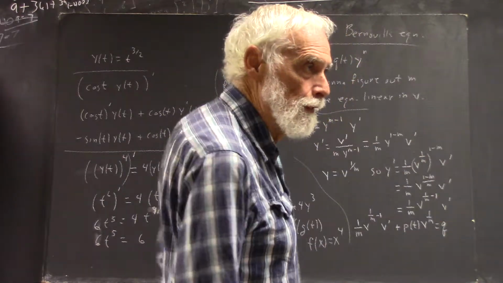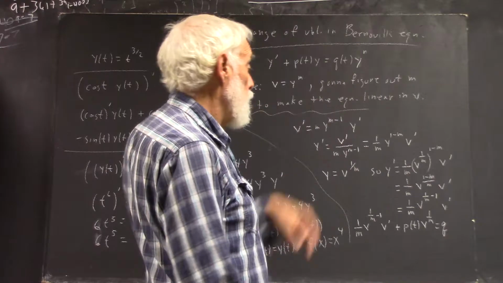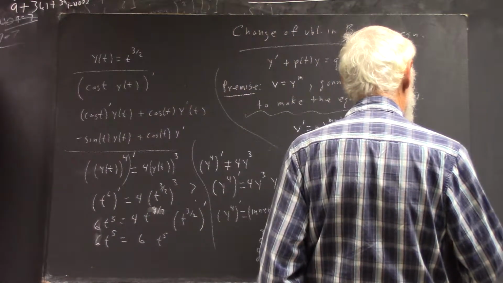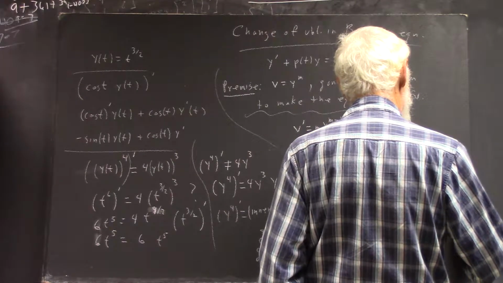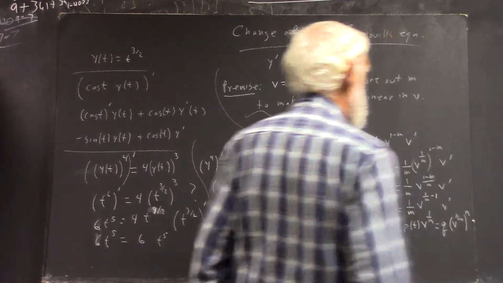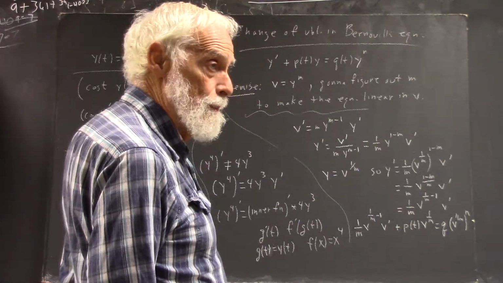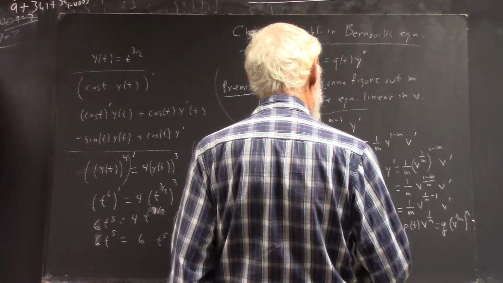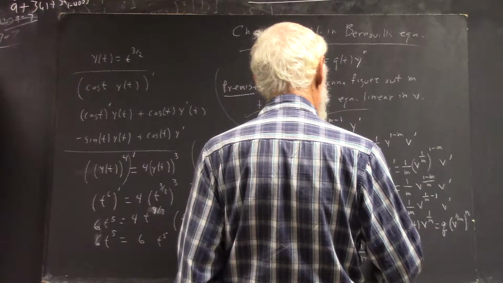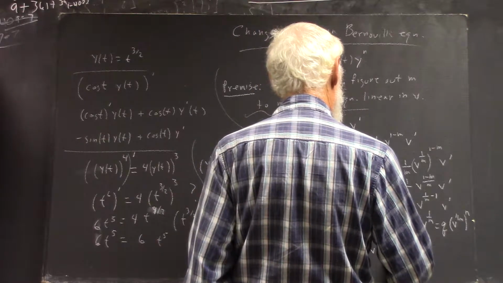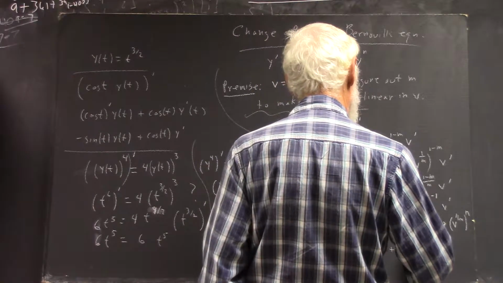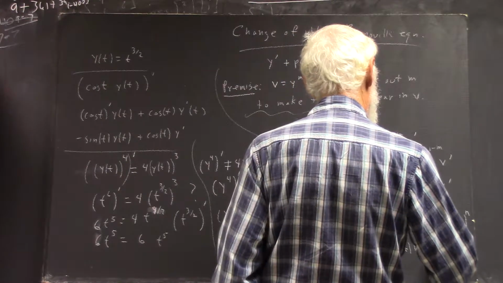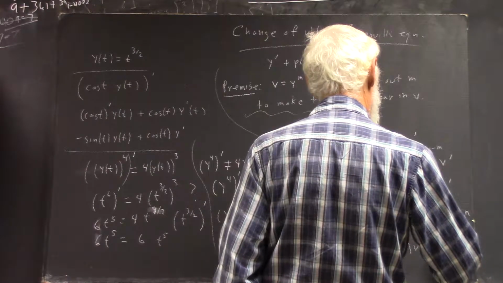You got y to the n, and y to the n is v to the 1 over m to the n. So we have 1 over m v prime plus p of t v to the 1 over m equals q v to the n over m.